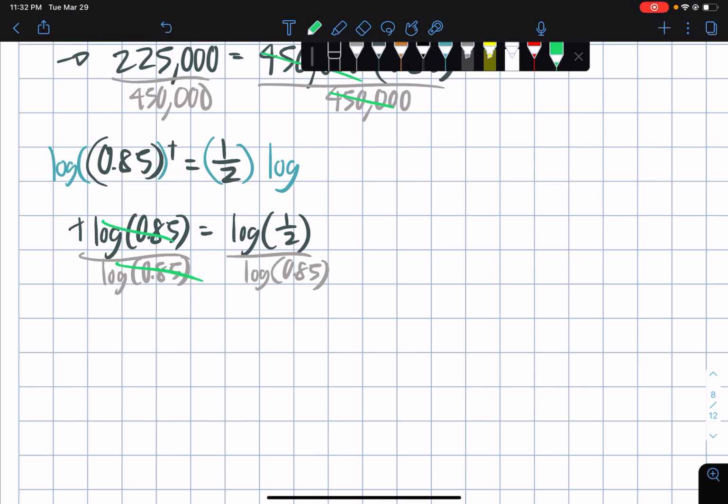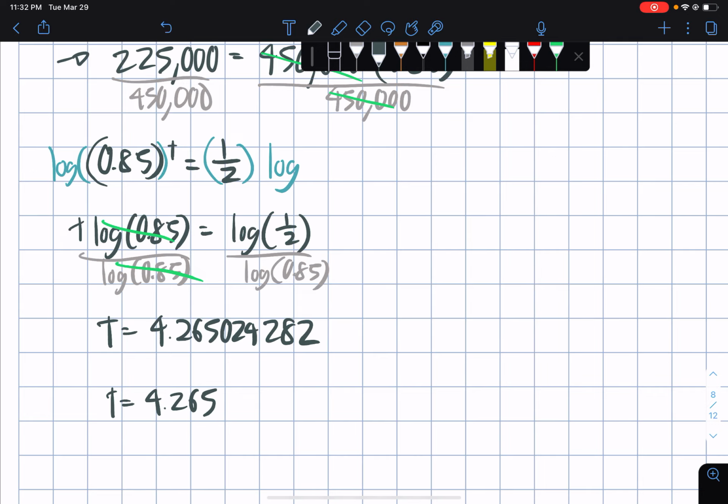So cancel. t is equal to log 1 over 2 over log 0.85, which is 4.265024282. t is equal to 4.265, or approximately 4.